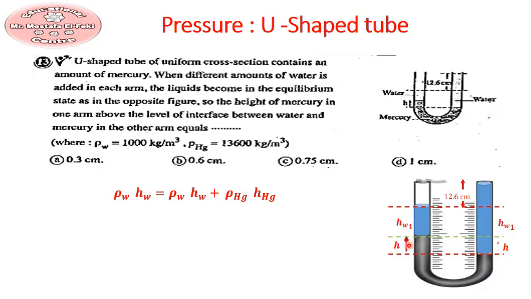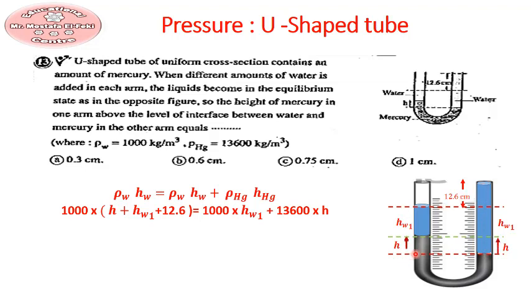Rho water H water on the right arm equals rho water H water on the left arm plus rho mercury H mercury on the left arm. Then the height of water in the right arm equals 12.6 plus the height of water in the other side, plus H. This is the total height of water: H plus H1 plus 12.6.